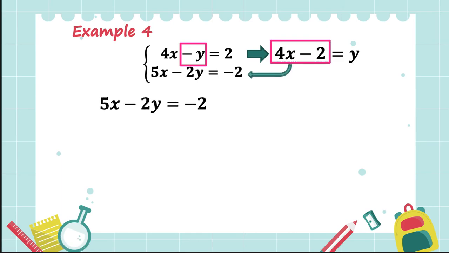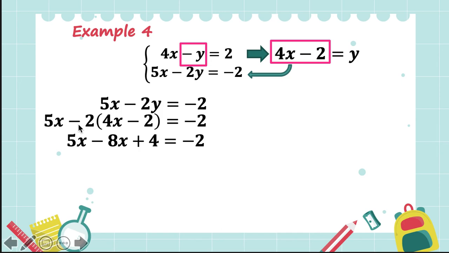Okay, so copy the second equation, which is 5x minus 2y equals negative 2. And then copy 5x minus 2 and then multiplied by 4x minus 2. And then just copy negative 2. And then simplify. As you distribute negative 2, always include its sign. Okay, so as we distribute negative 2 times positive 4x, the answer will be negative 8x.